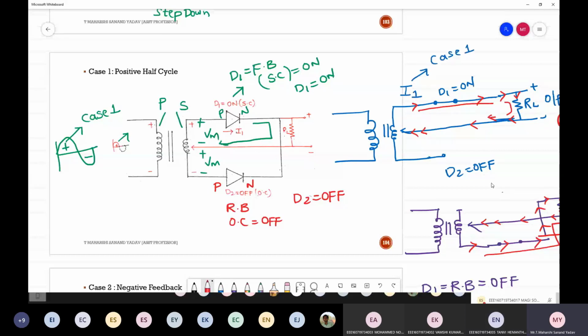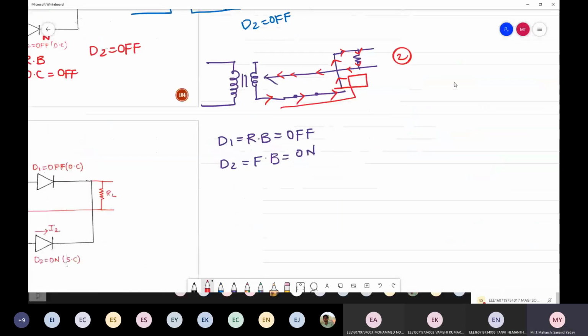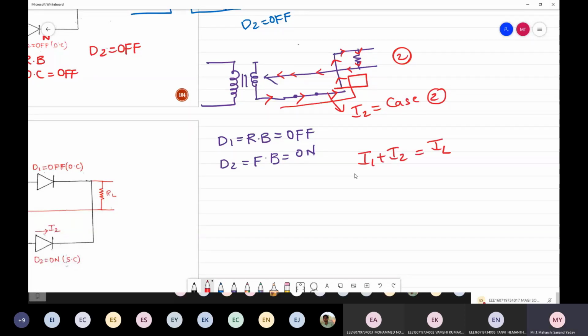In case 2 also current is flowing. You can see these arrows. This is current I2. If I put together, I1 plus I2 is equivalent to IL. Why IL? As I'm considering a load RL, there should be a current through it, right? I consider that current as IL.